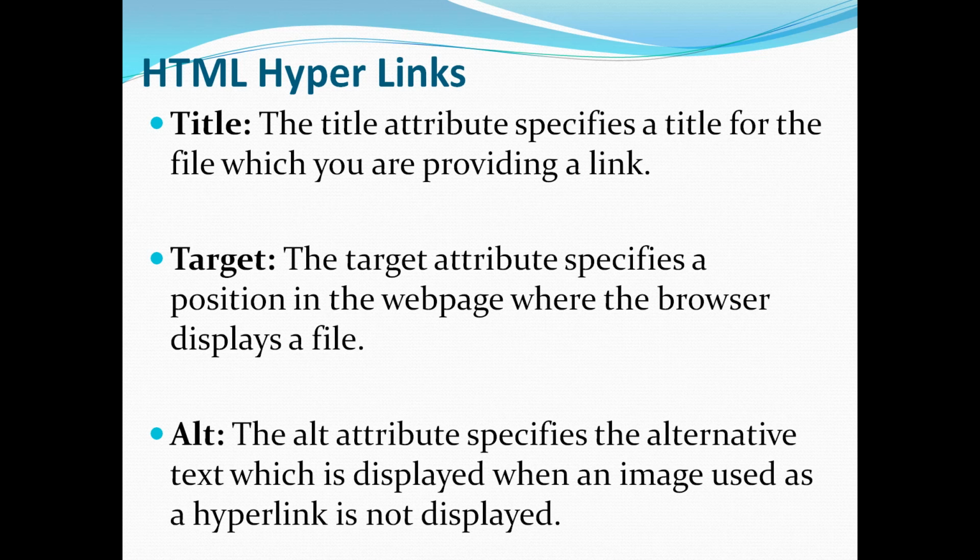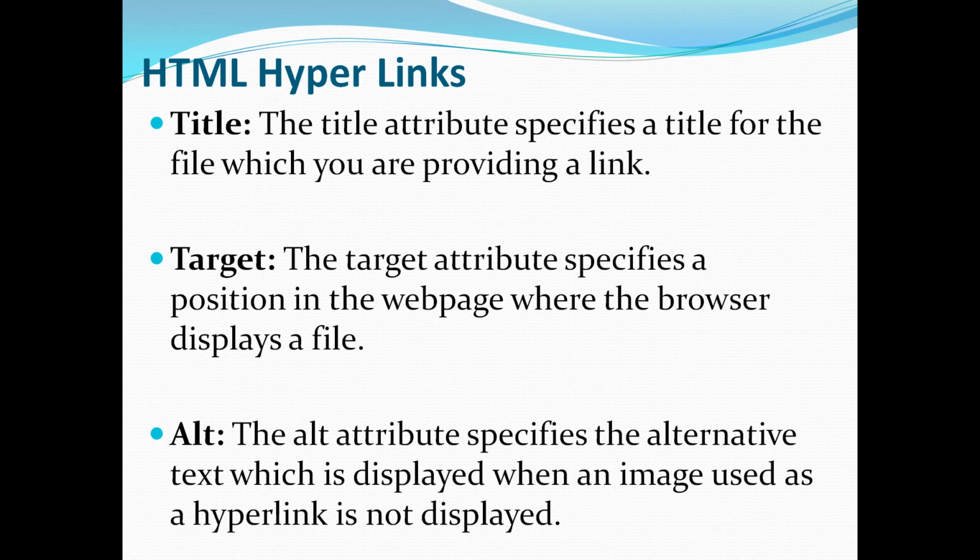The next one is alt. The alt attribute specifies the alternative text which is displayed when an image used as a hyperlink is not displayed. For example, in some web page, if you give an image as a link, and you click the image, it moves to the particular web page.